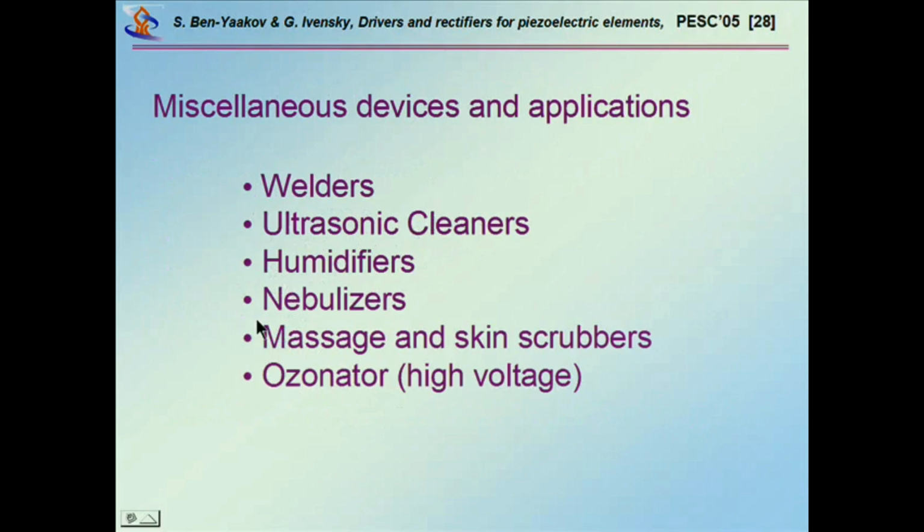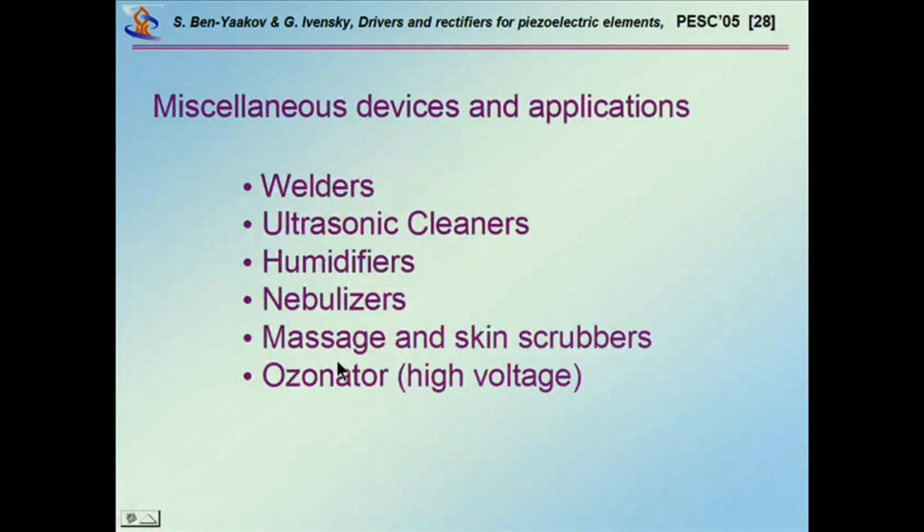There are humidifiers or nebulizers. They are making very small droplets of water or some other material for a saturated atmosphere with water. Some are used for massage and skin scrubbers, and then ozonators for purifying water and some other purification.